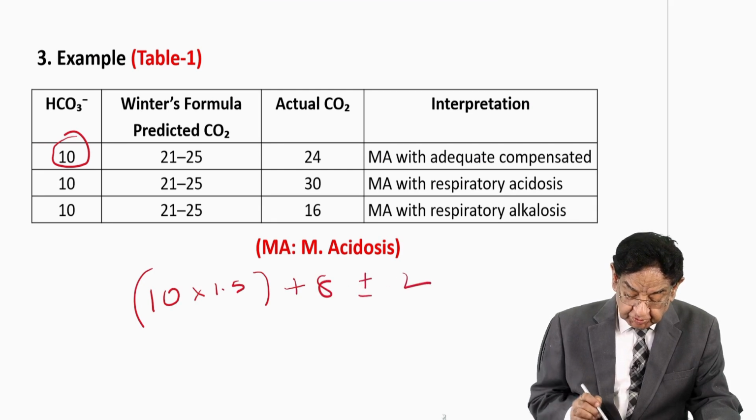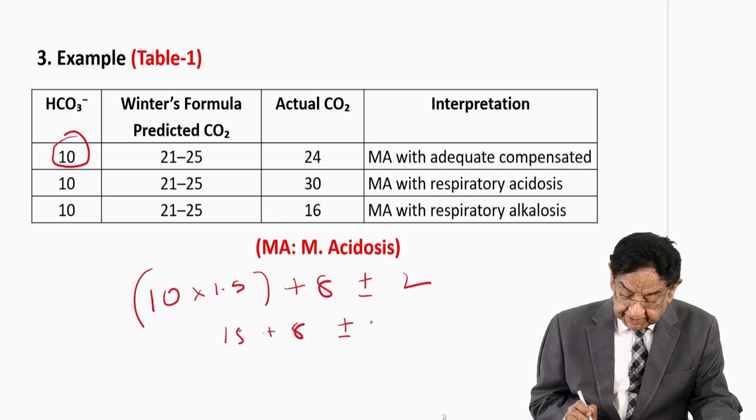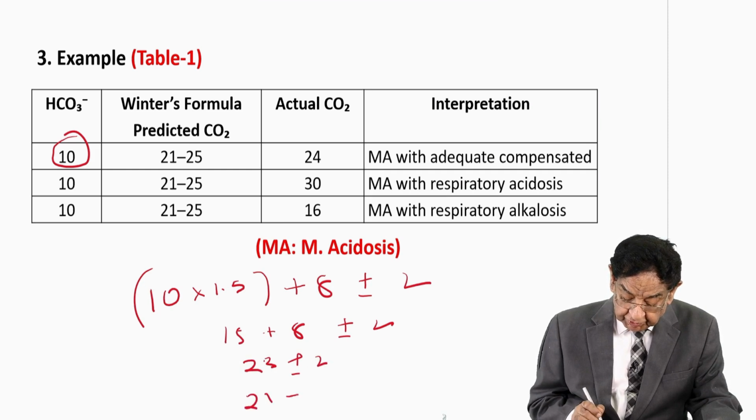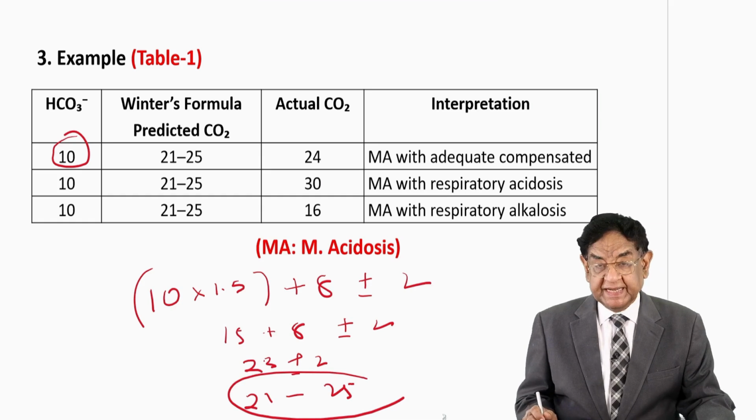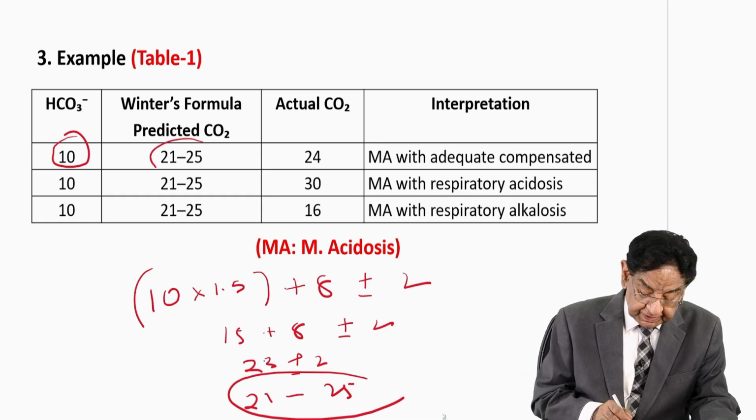This comes out to be 15 plus 8, plus or minus 2. This comes out to be 23 plus or minus 2. The answer is 21 to 25. So in this case, 21 to 25 is expected.